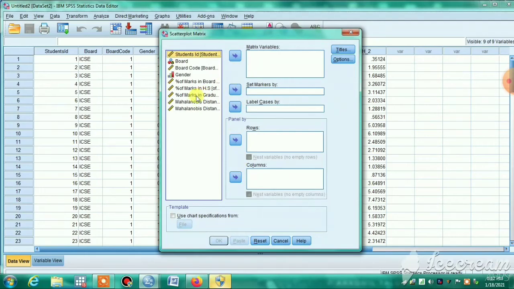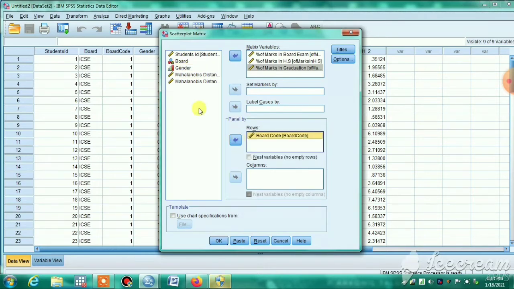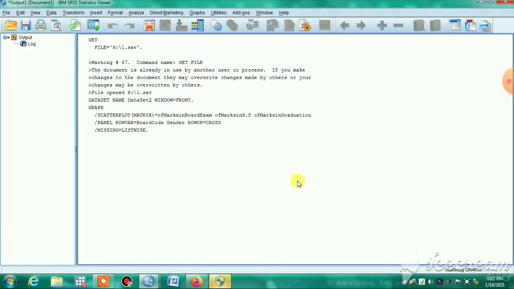Now in the matrix variables, as before, we have the percentage of marks in board, in HS, and in graduation, and in the rows, instead of board, board code is given, and gender is given. Now we are taking the graph, the scatter plot.